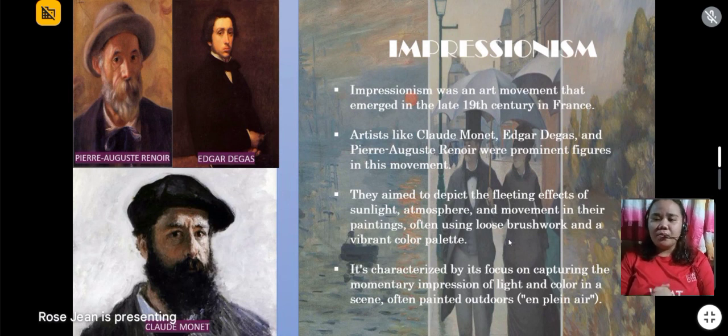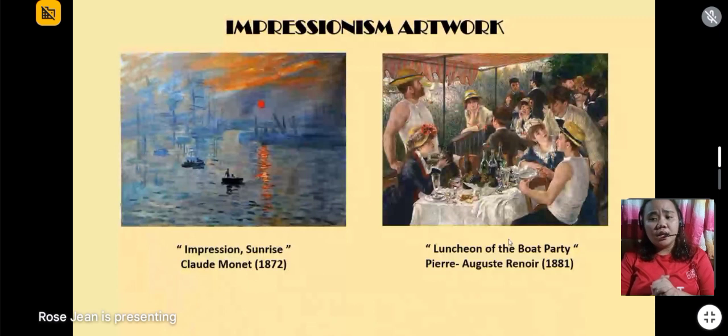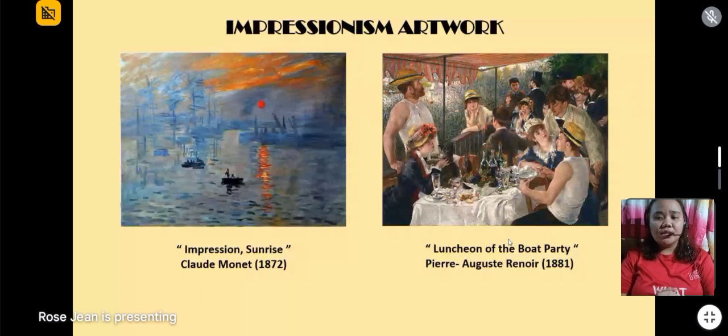So we have the example of Impressionism artwork here. It is Impression, Sunrise by Claude Monet and Luncheon of the Boating Party by Pierre-Auguste Renoir, 1881.